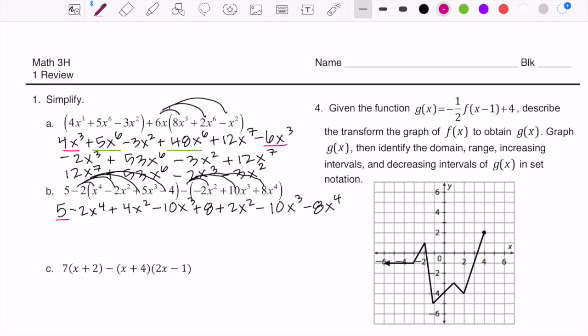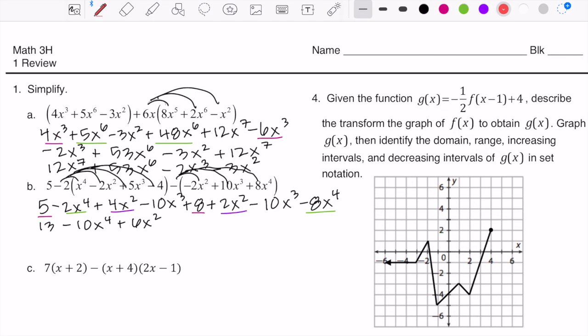So I have a constant, 5. That's my only one. And then, oh, nope, it's not my only one. I have an 8. And then I have negative 2x to the 4th and negative 8x to the 4th. So the first one I have is 13. And then that's minus 10x to the 4th. Then I have a 4x squared and a 2x squared, both positive, so I get to add those.